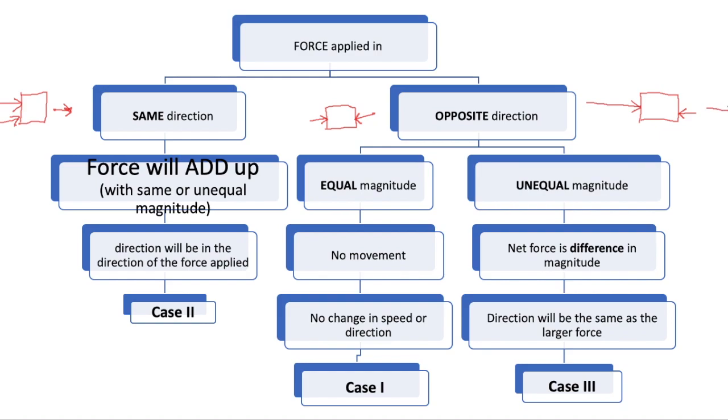So the object will move towards the direction of the larger force, which is towards the right. This was our case 3 of the discussion. You have to understand this to apply it in different situations and understand the examples in a better way.